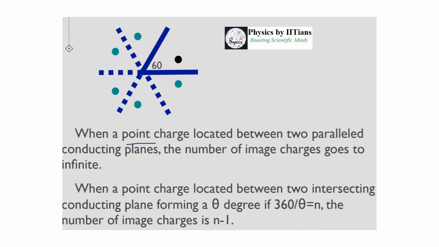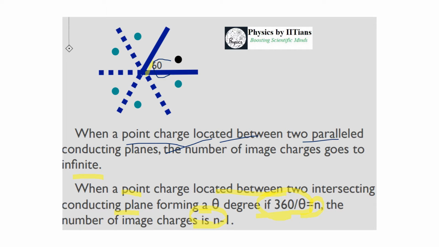If there is a point charge located between two parallel conducting planes, not making an angle of 60 degrees but parallel, the number of image charges becomes infinite. Whenever a point charge is located between two intersecting conducting planes forming an angle theta, then 360 divided by theta is n, and the number of image charges will be n minus 1.